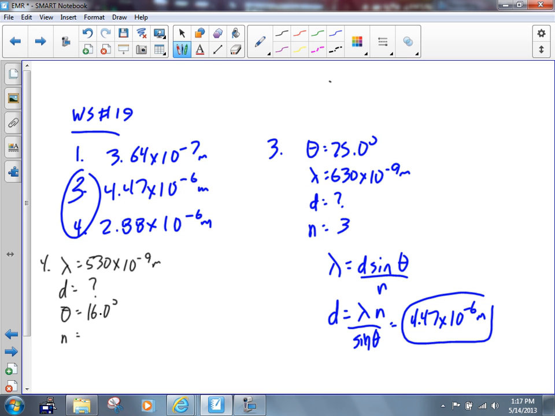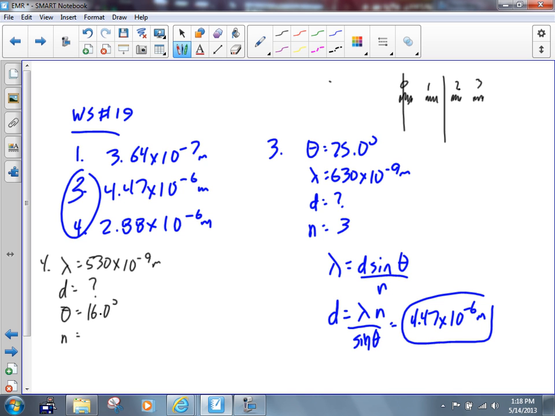What's n going to be if we're talking from the central max to the second min? Central max, first max, second max, third max. We're looking for this, right? N between the central max and the second order minimum. What's n going to be?